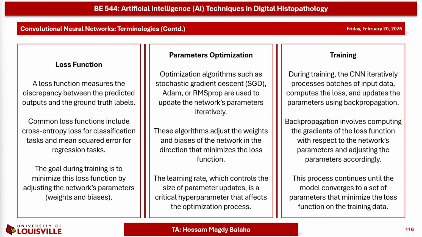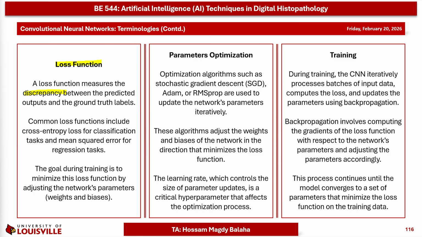To be able to update the network and tune it, aiming to get a higher performance in the prediction, we need a value to measure the difference between the predicted outputs and actual labels or ground truth labels. So we can use a loss function.